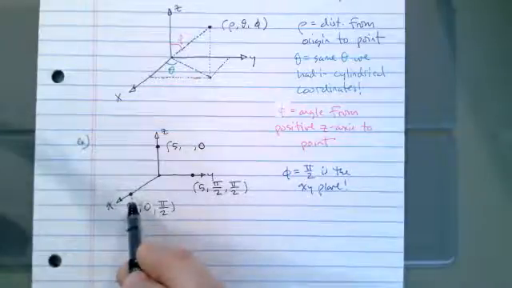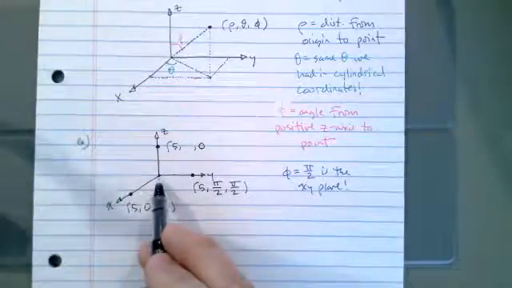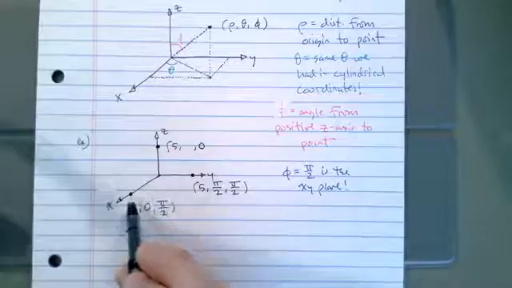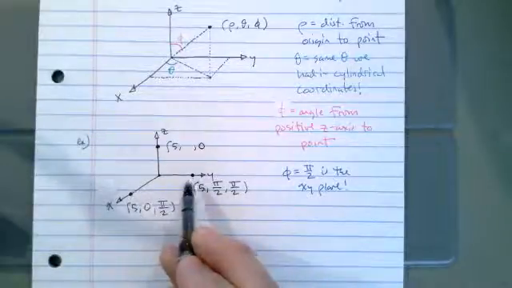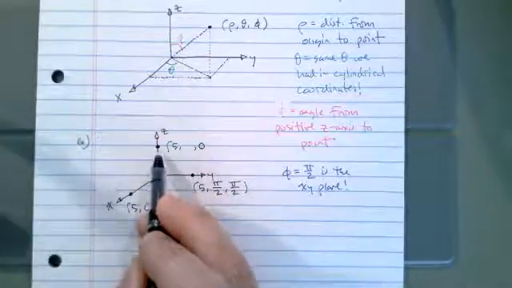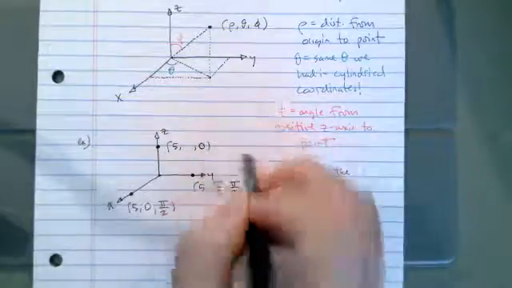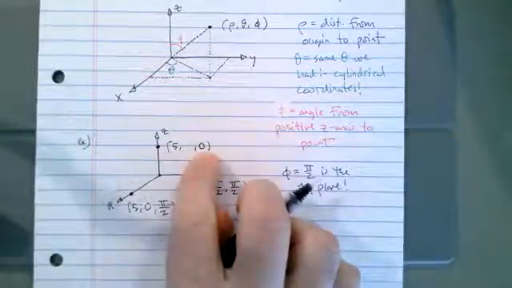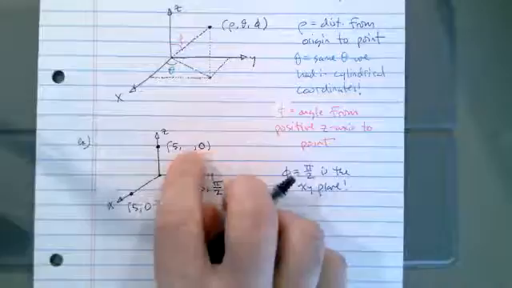If we go 5 units away in the positive x-axis, swing out to pi over 2, but then go 0 down from the z-axis, would that give us this point? This is the important one, right? Phi is 0. What are we going to do for this?